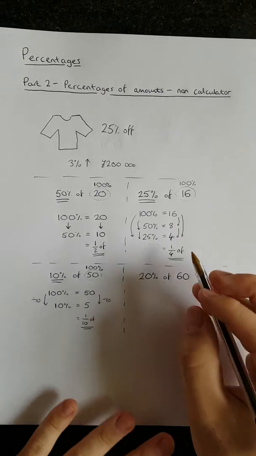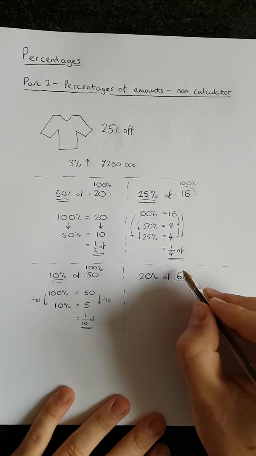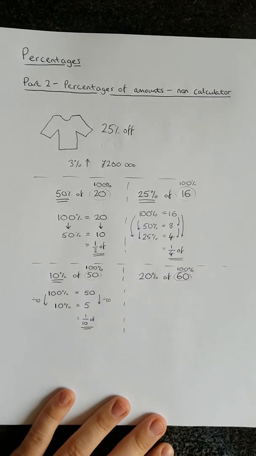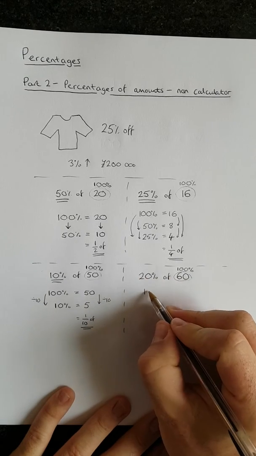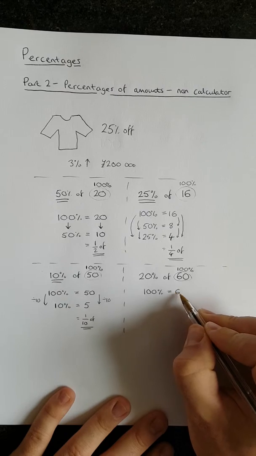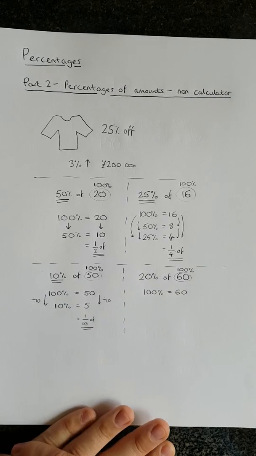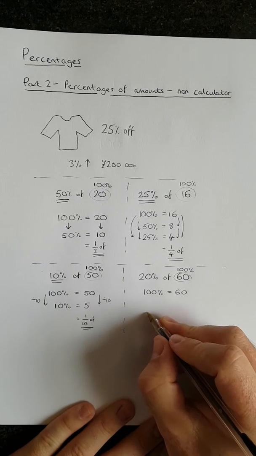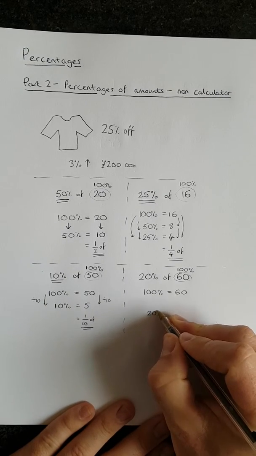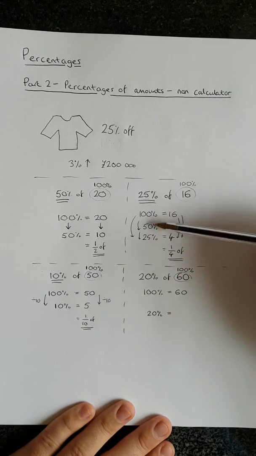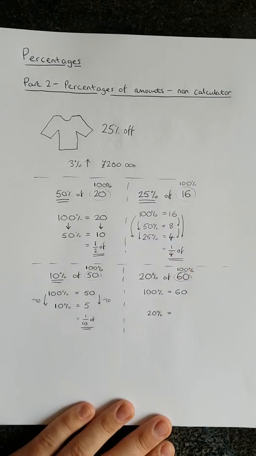Okay, so 60 is the original amount. So 100% equals 60. Now, I can go straight to 20%, just like we did up here with straight to 25%.